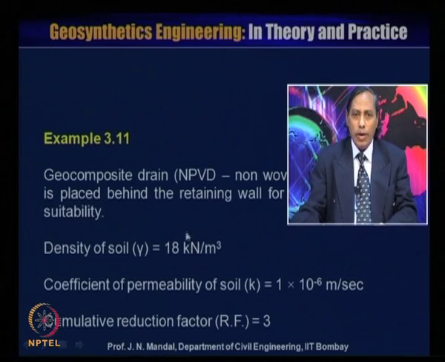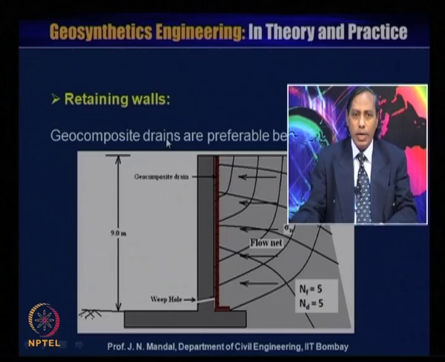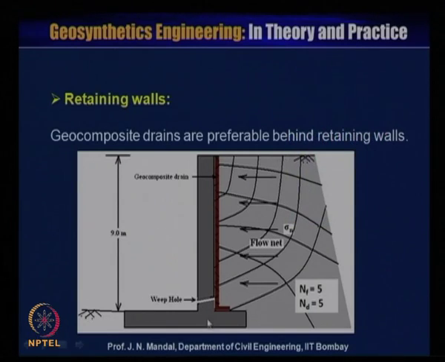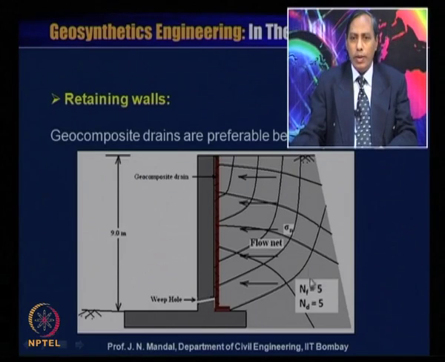Delta H is the height of the wall, 9 meter, and then you draw the flow lines and the equipotential lines, and then you count from the flow net the number of flow lines and the number of potential lines. Here the number of flow lines is 5 and the number of potential lines is 5.